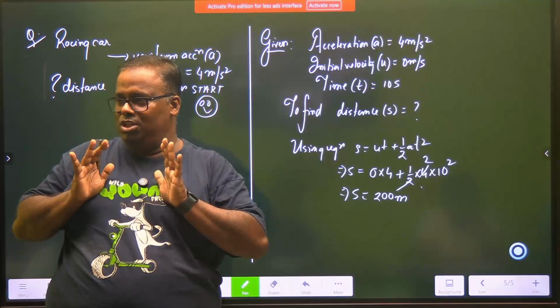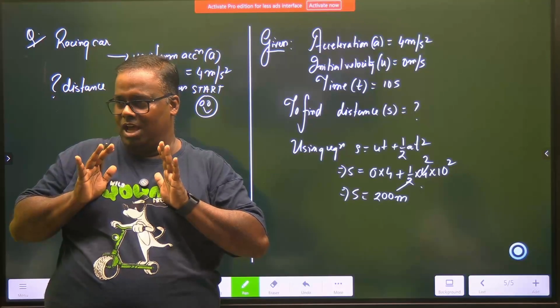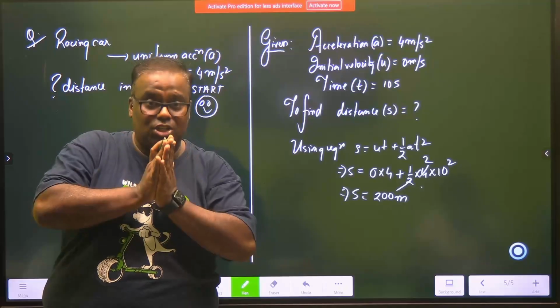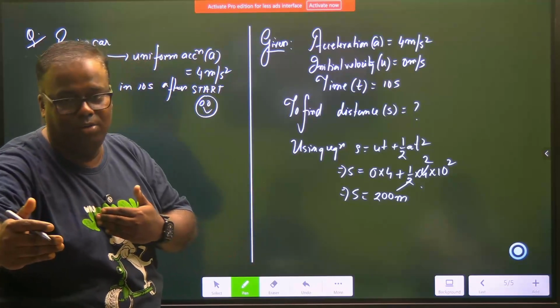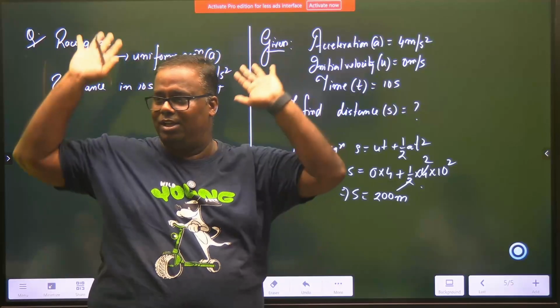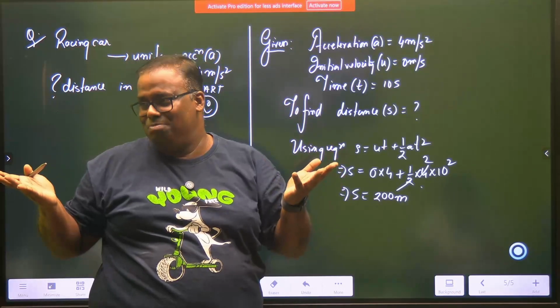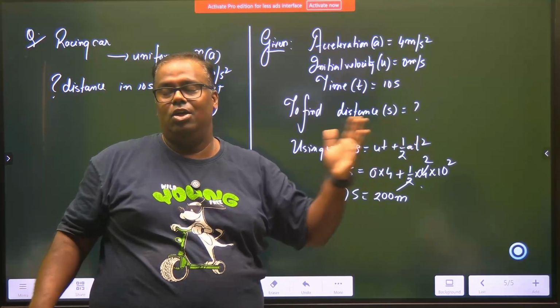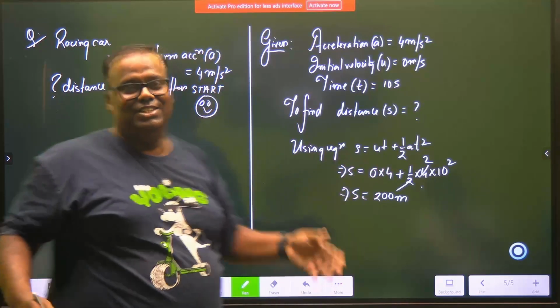I'm going with some initial velocity and my braking response time is this much. In this much time, how much distance will I cover? If that boy is within that distance, he's hit. Simple physics. So let's do this problem.